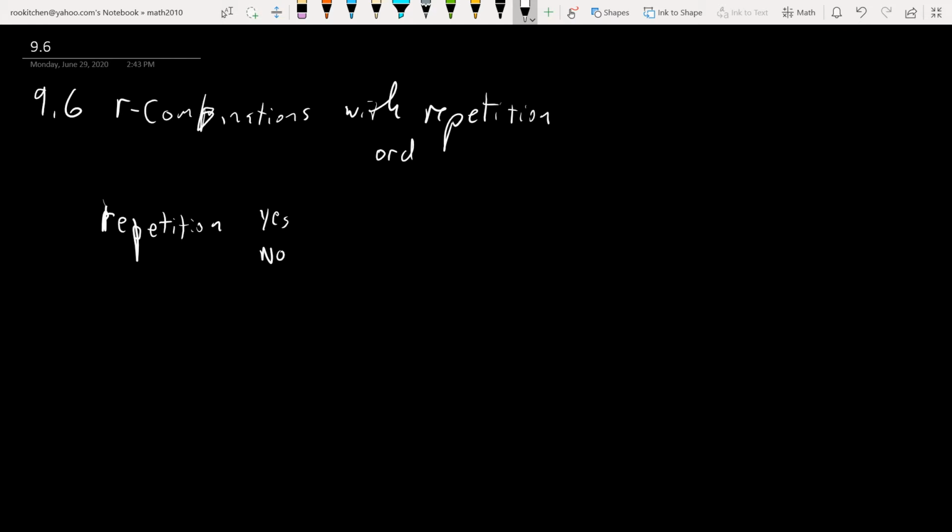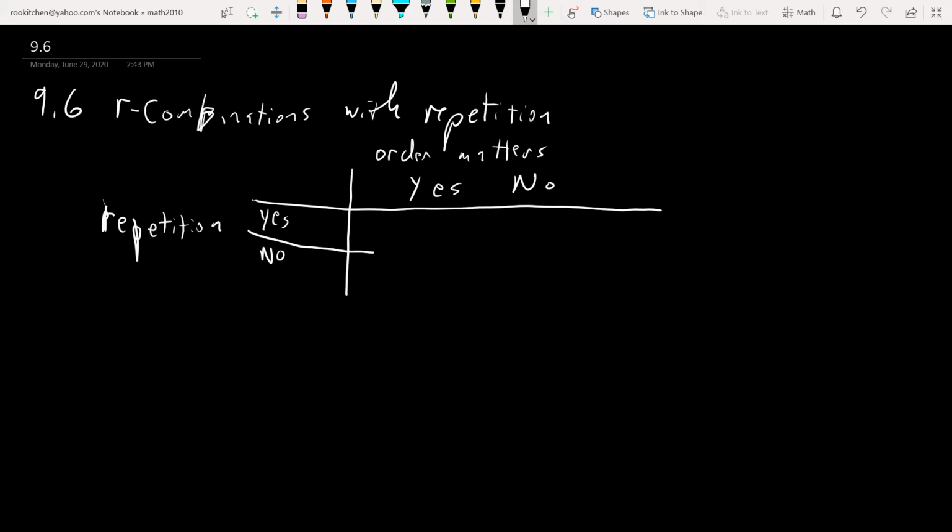Does order matter? And again, it's yes versus no. We can turn this into a table and then look at all the different methods that we are using.